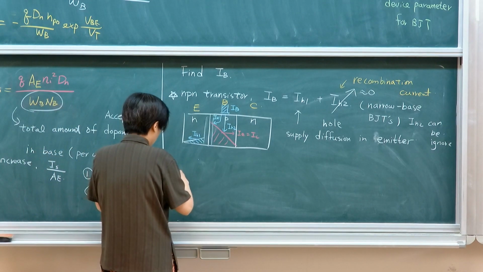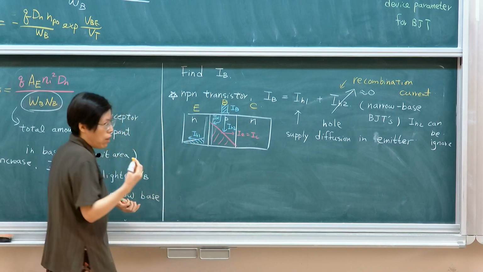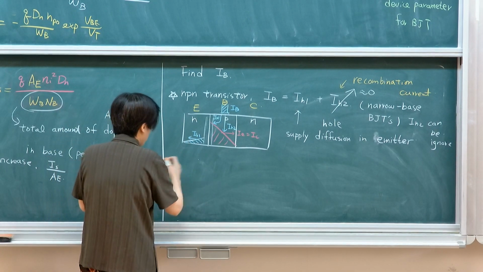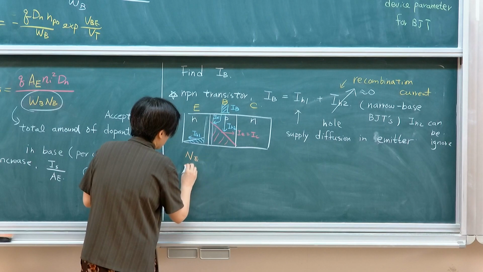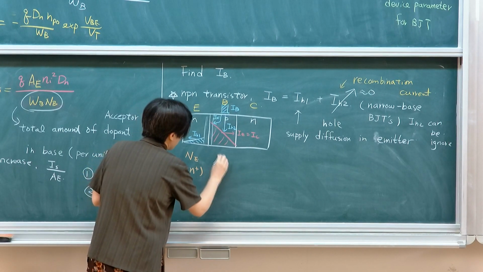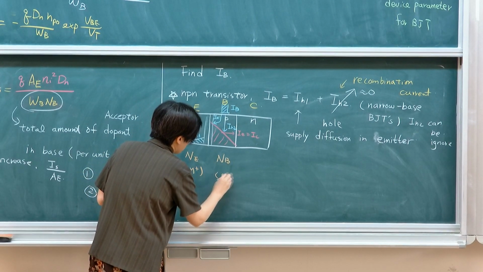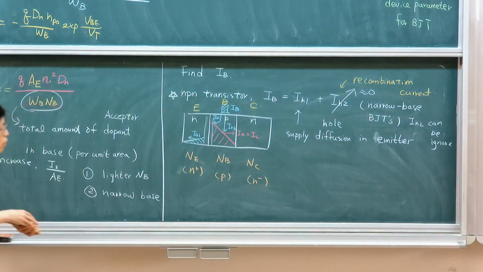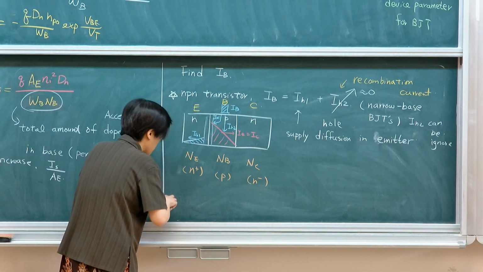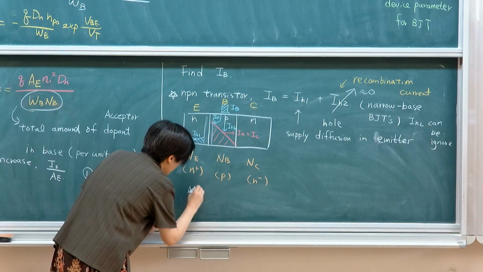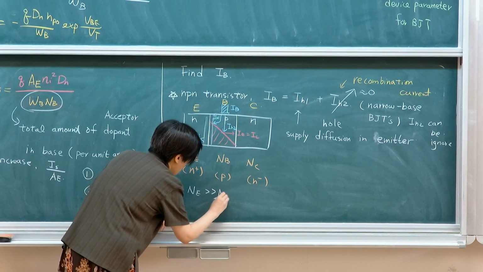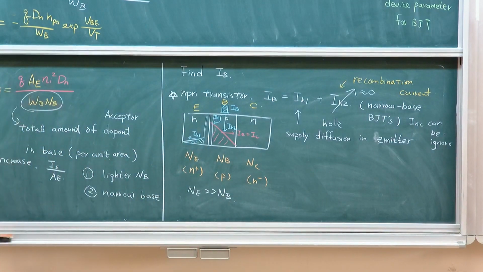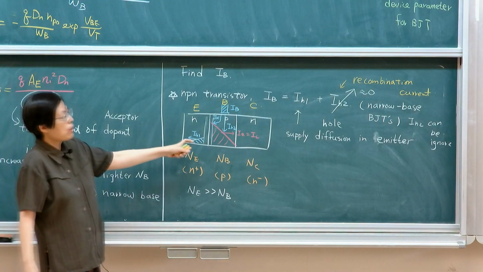So remember what happened is that when we talk about device structure, we deliberately made this NE, this N plus. We make it NB, this P, and this NC is typically light, right? So in most cases, we want to engineer so that NE is much, much larger than NB, so that I could reduce my cost. Cost is this base current.